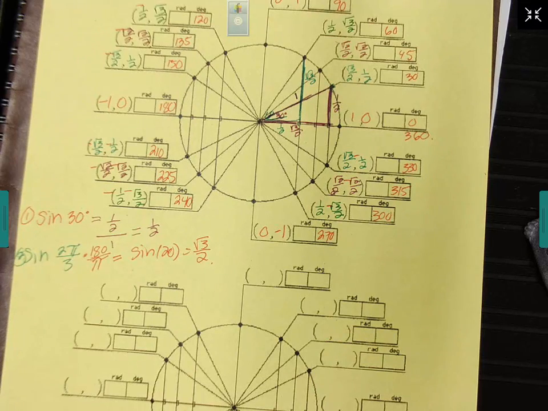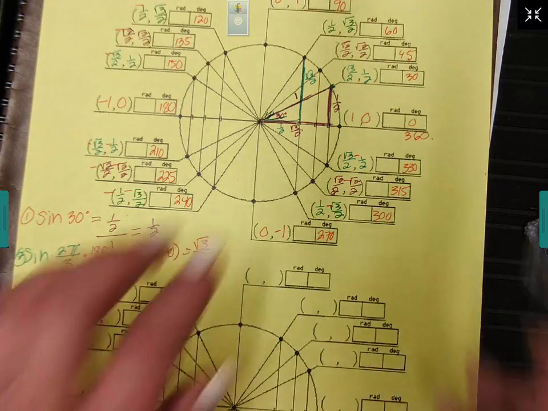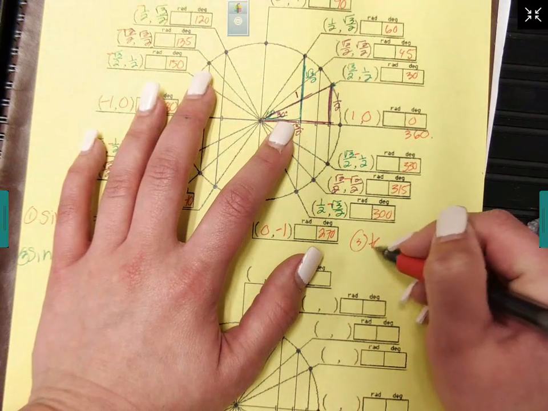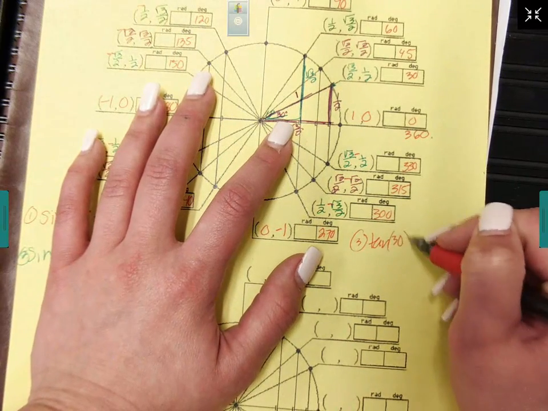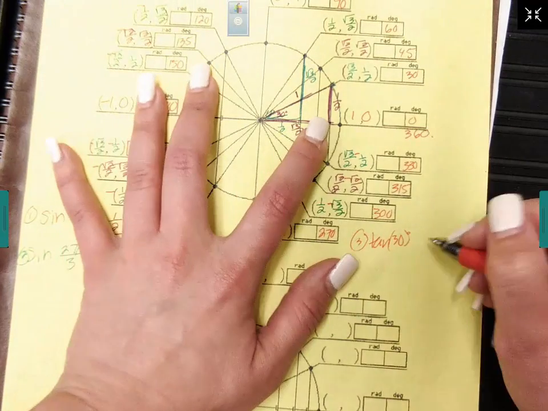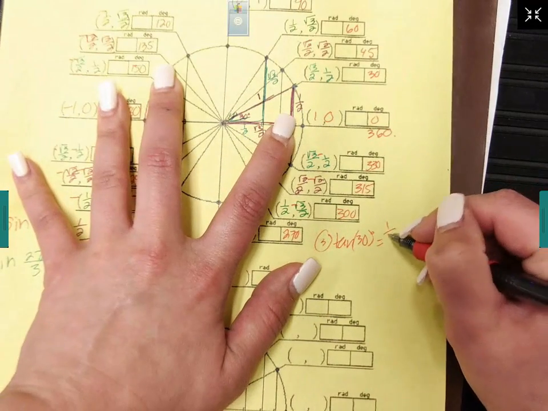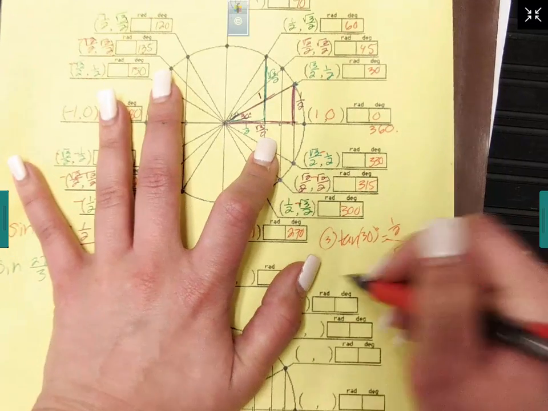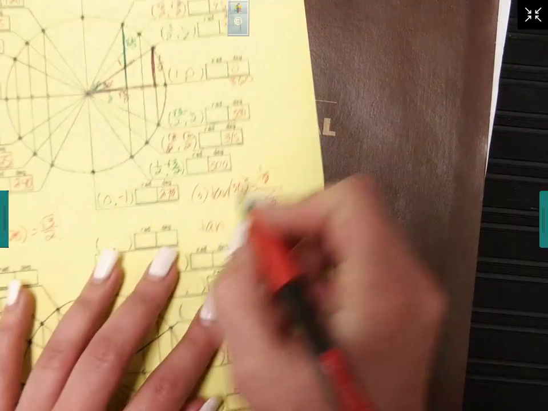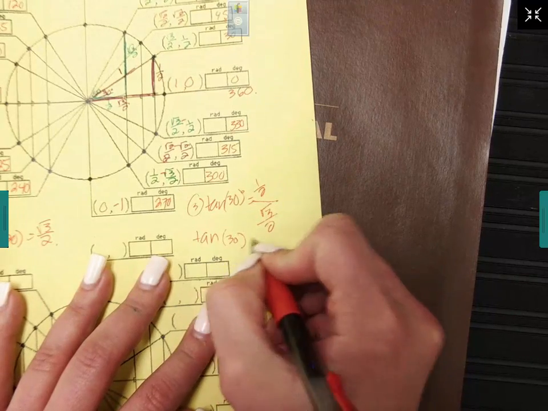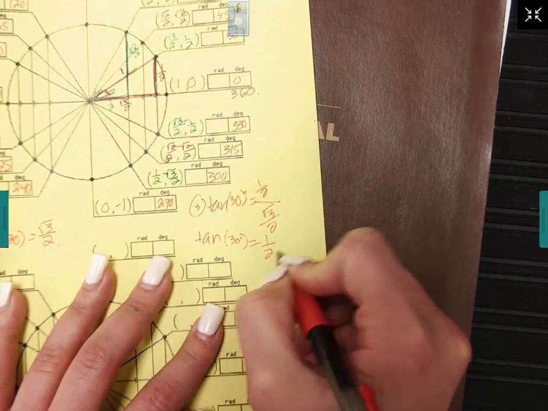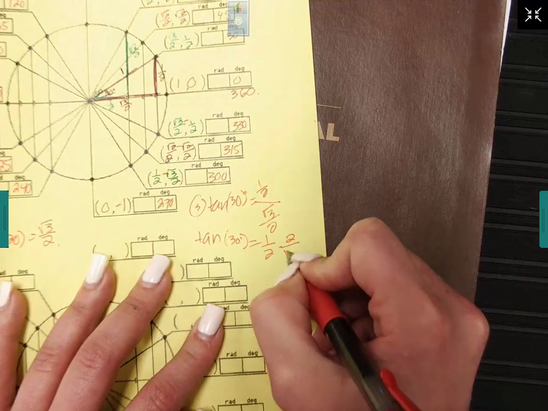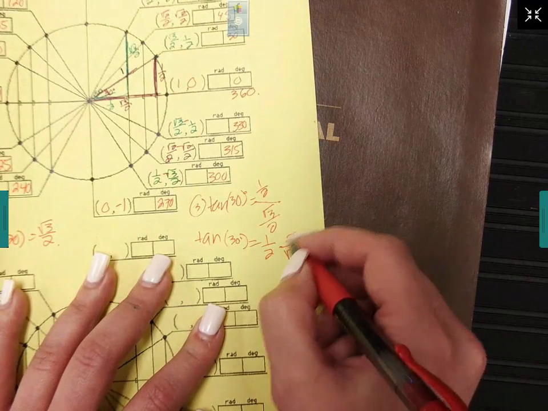Let's look at the 30, 60, 90. If I asked you for the tangent of 30 degrees, the tangent is opposite, which is 1/2, over adjacent, which is the square root of 3 over 2. This is going to end up being uglier than I thought.